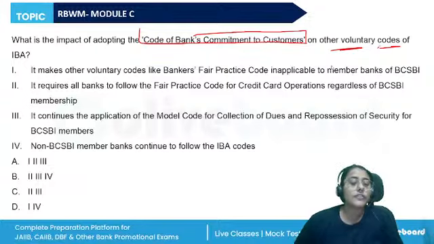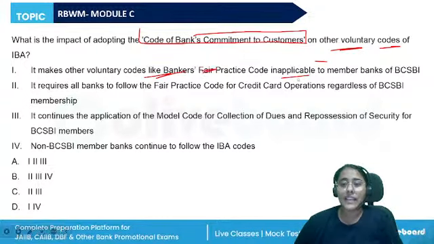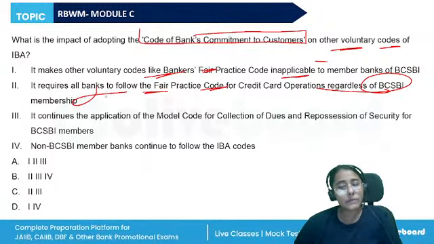All right. So it makes other voluntary codes inapplicable to the BCSBI members. True. It requires all the banks to follow the Fair Practice Code regardless of BCSBI. No. Once you become a member of BCSBI, other codes not required to be followed. It continues the application of the model code.